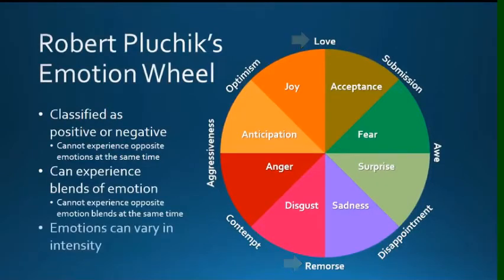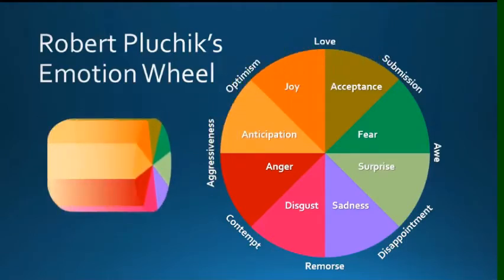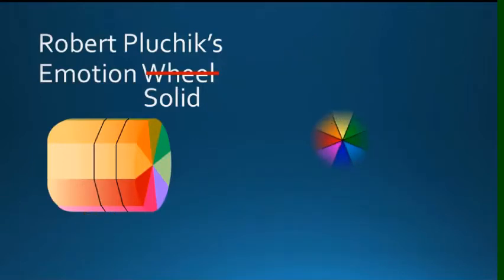Plutchik also proposed that emotions vary in their intensity. Think of the emotion wheel as just one level or row in a solid cylinder, often called the emotion solid. The emotions at the top of the solid, above Plutchik's basic emotions, are more intense, while those at the bottom of the solid are less intense. You can probably see it easier if we spread out the solid.